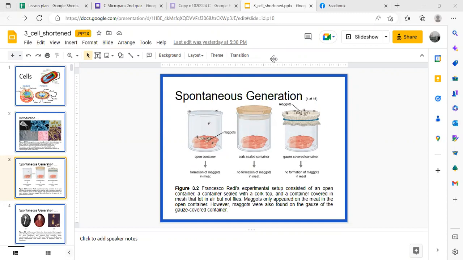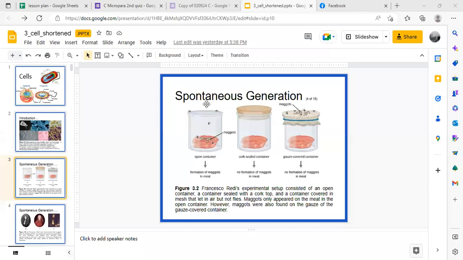So in his experiment, he placed meat sa 3 containers, isa walang takip, isa merong sealed, may seal from air and other elements. Ito gauze lang ang cover, so it allows air to come in. So he wanted to prove na yung flies na yan, hindi galing sa rotten meat. He wanted to prove that the flies come from other living things as well, from flies as well.